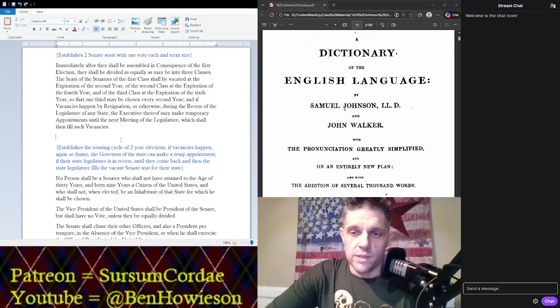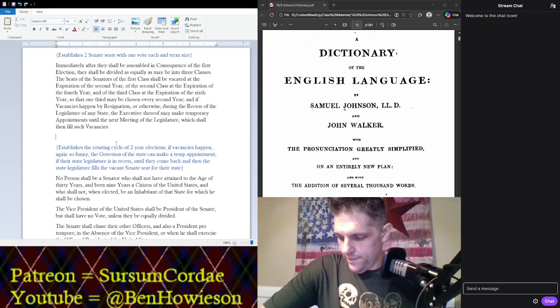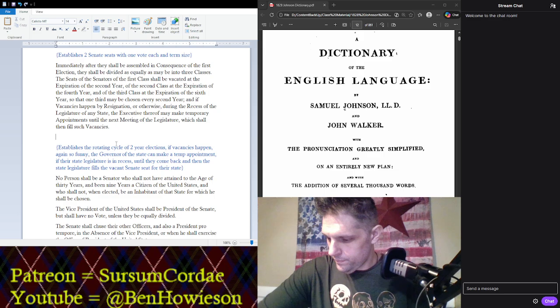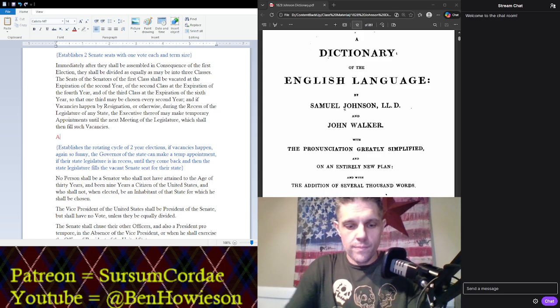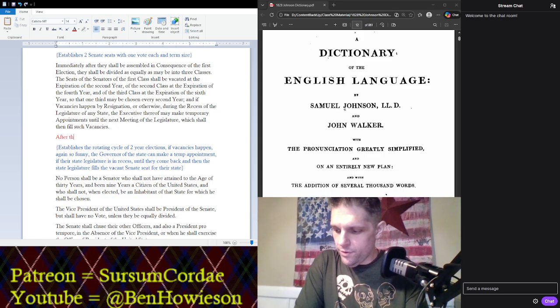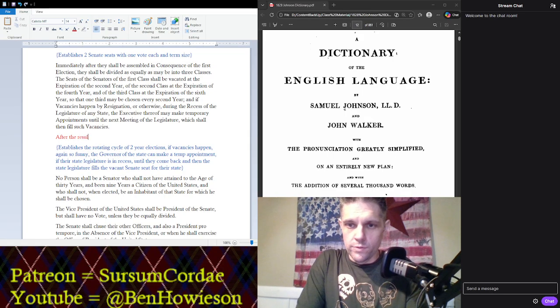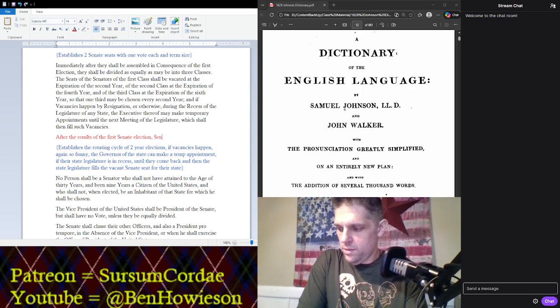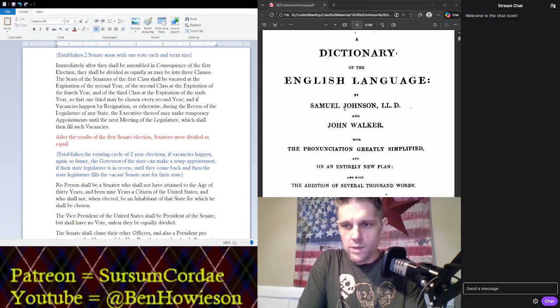So that's obviously not worded as good as it could be. Let's fix that. After the results of the first Senate election, senators were divided as equally as could be into 3 groups.